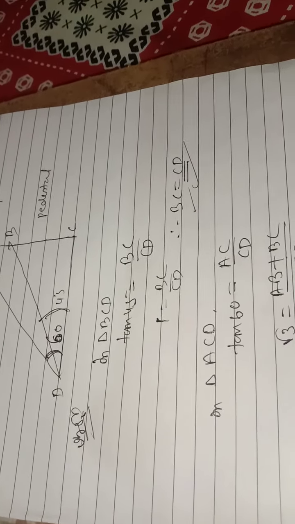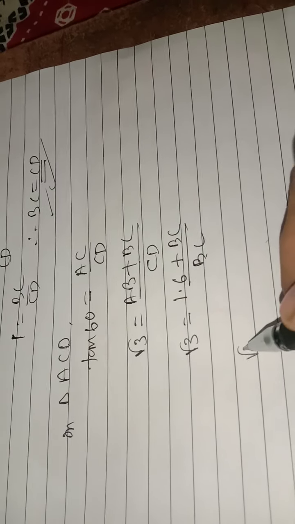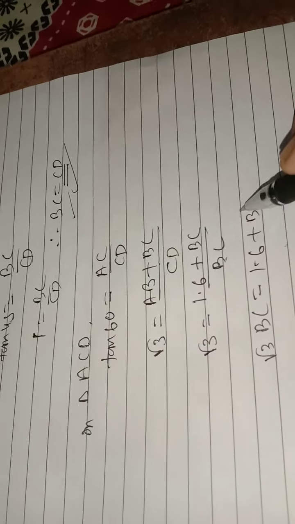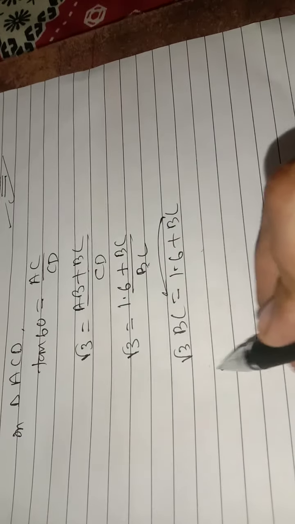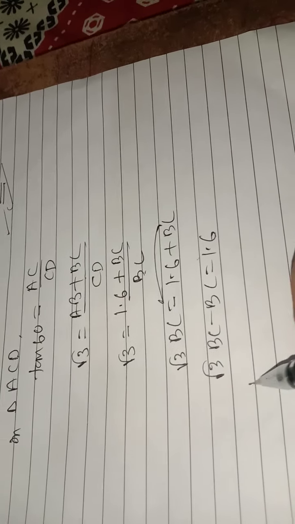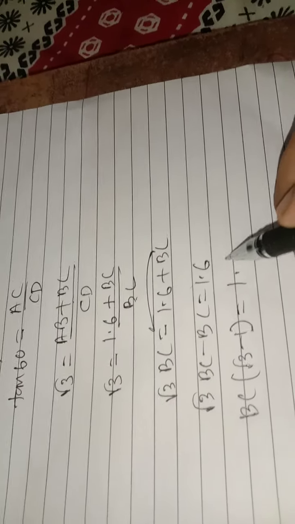So root 3 is equal to 1.6, the value of AB, plus BC upon BC, replacing CD by BC. Cross multiplication: root 3 BC is equal to 1.6 plus BC. Take BC this side, so root 3 BC minus BC is equal to 1.6. So BC common, root 3 minus 1 is equal to 1.6.